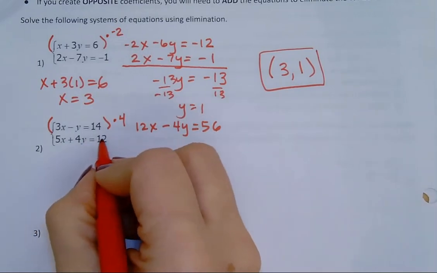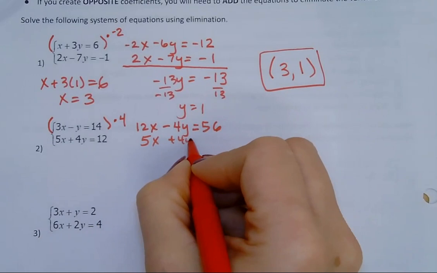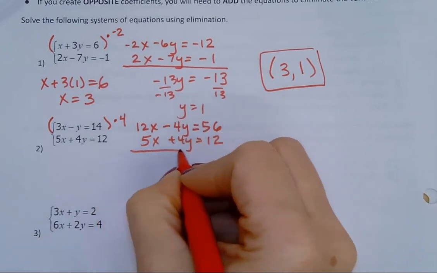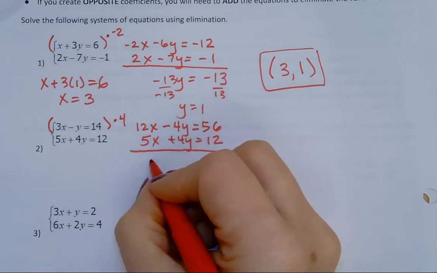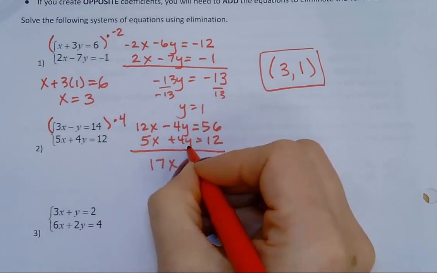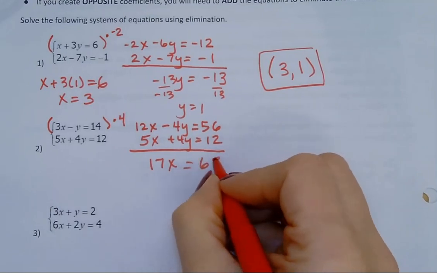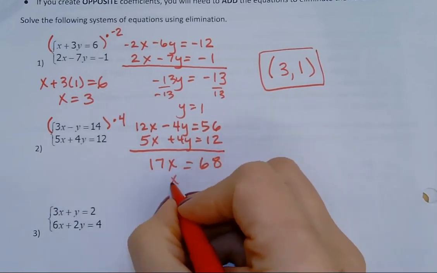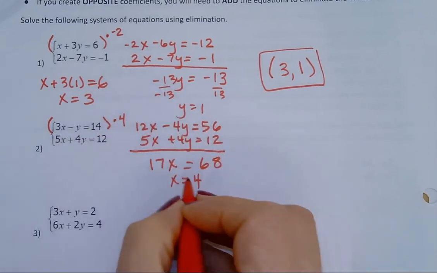Then I'm just going to move this equation over. I'm not even changing this one: 5x plus 4y equals 12. Now I get to combine my two equations. 12x and 5x is 17x, -4y and positive 4y is 0, and this all equals 68. So my x equals 4. Once I know what x is, I'm going to plug it back into one of the equations.